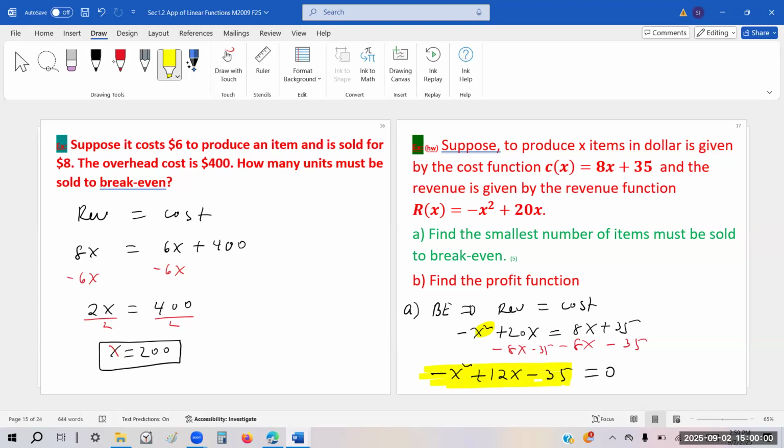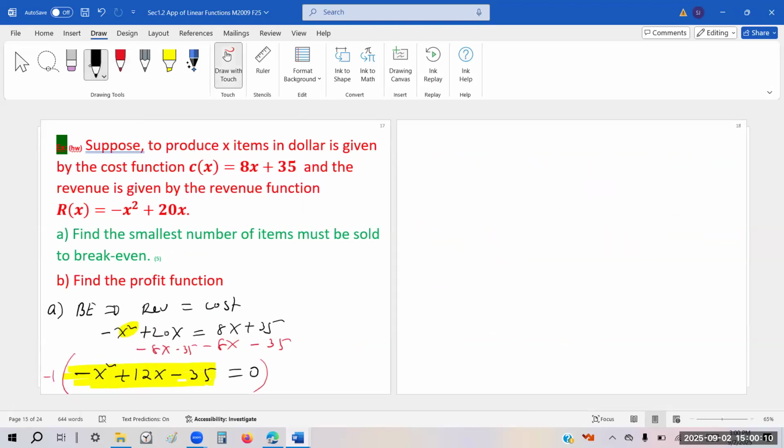But now to solve for x, you don't like negative x squared, so you can multiply everything by negative 1. So you get positive x squared, negative 12x, positive 35 equals 0.